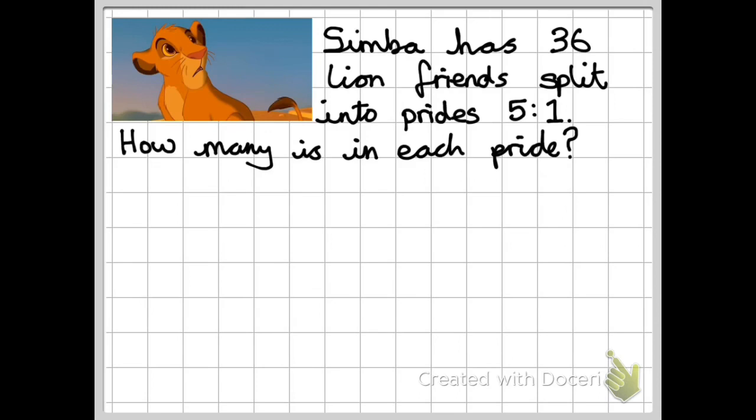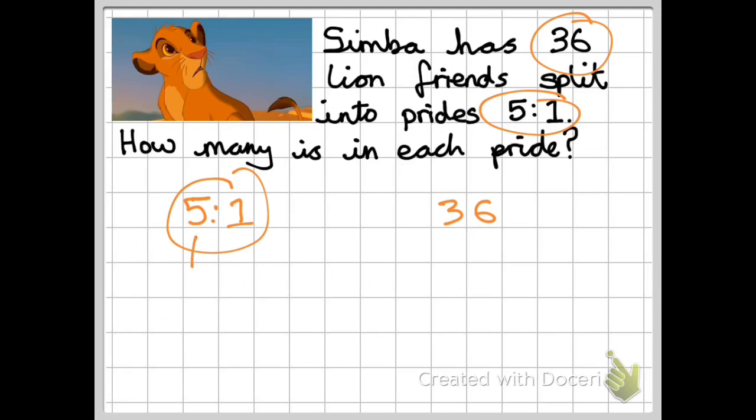So basically, if I want to work this out, I take the ratio, which is 5:1, that's an important piece of information, and 36 is our other important piece of information. Now I look at both parts of the ratio. I have 5 and I have 1.